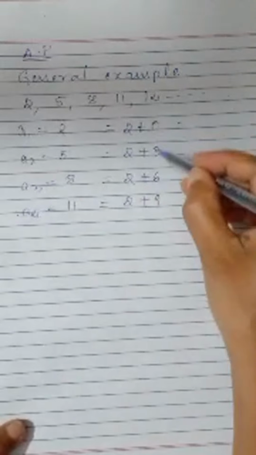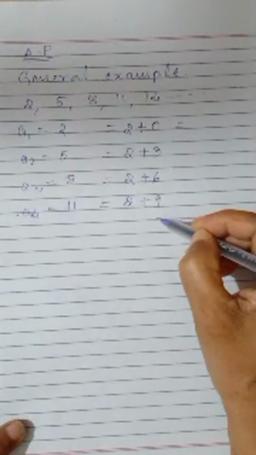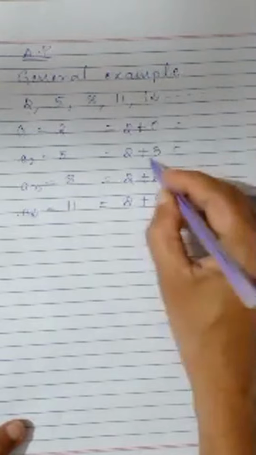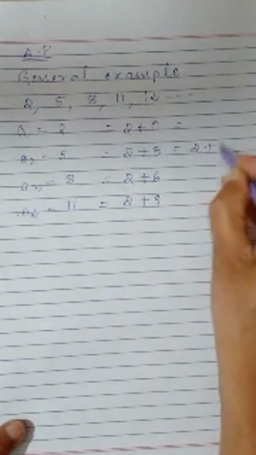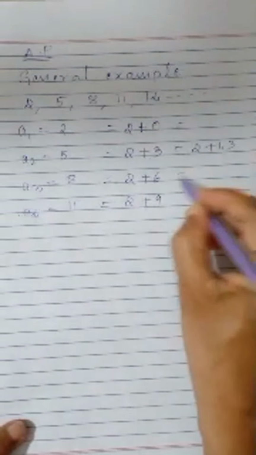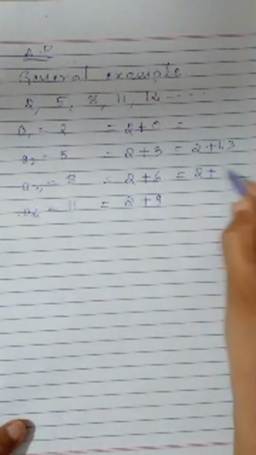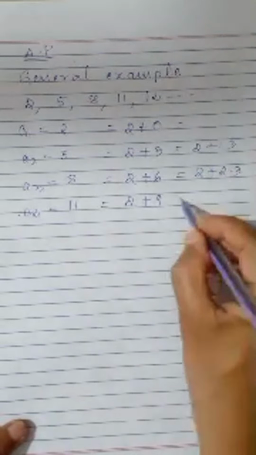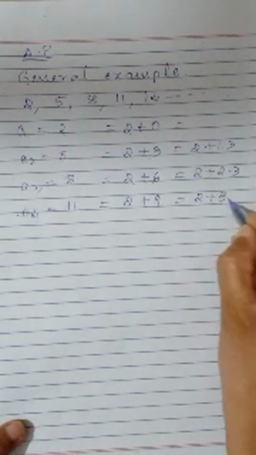Observe here, excluding 0, the numbers 3, 6, 9 are multiples of 3. So on that basis, it can be 2 plus 1 into 3, and this is 2 plus 2 into 3. And this one, 2 plus 9, can be taken as 2 plus 3 into 3.